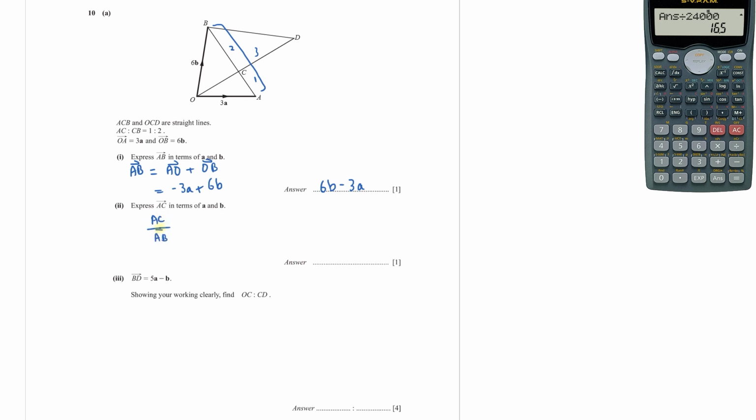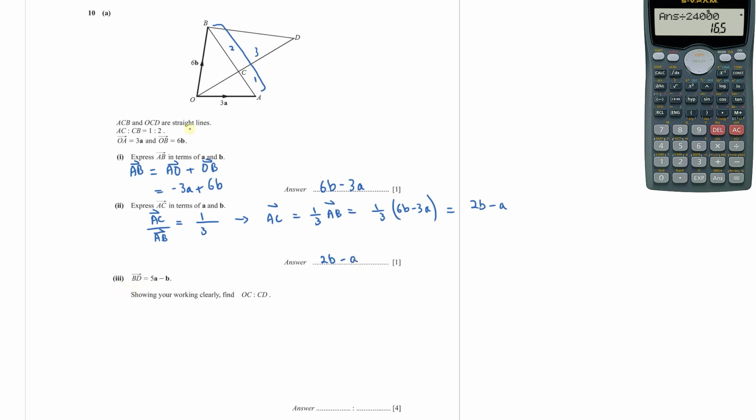So this is AC and AB vectors. So this ratio is what? AC is 1 and AB is 3. So this gives me AC equals 1 over 3 AB, which will be 1 over 3 multiplied by this 6b minus 3a, which is 2b minus a. So this will be 2b minus a.